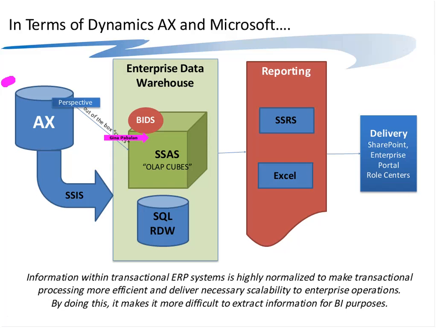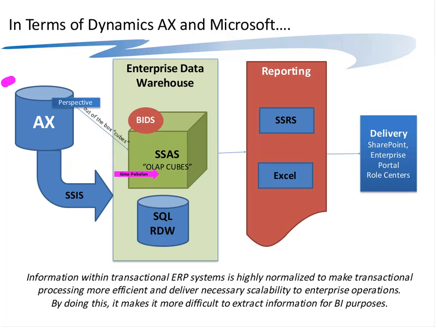Now, if the information is not on the role center, you need to go find somebody that knows SSRS to write the report. And if the data isn't in the cube the way you need it to be, or if it's not pulling the right data and you need to change the hierarchy or the data in the cube, now you're going to go find somebody to change the cube.